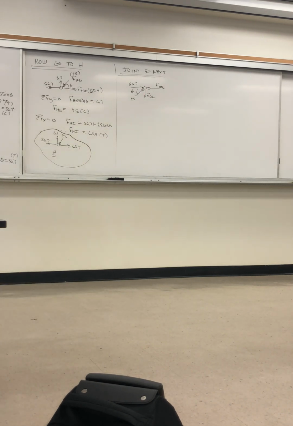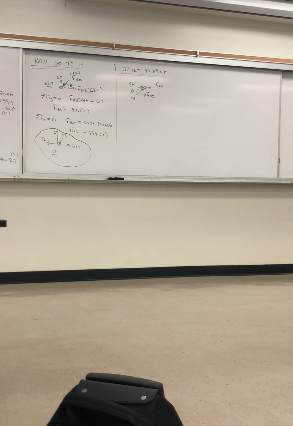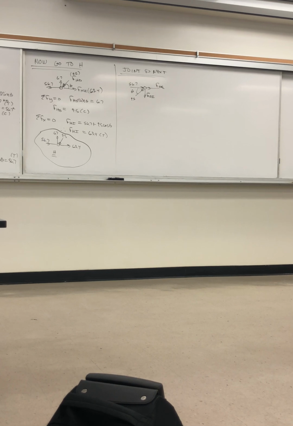At D, we have 56.7 pushing to the right from that member force, 9.5 coming up from the other; both of those are compression forces. And then down we have F of DI, and then to the left, the unknown is F of DE.